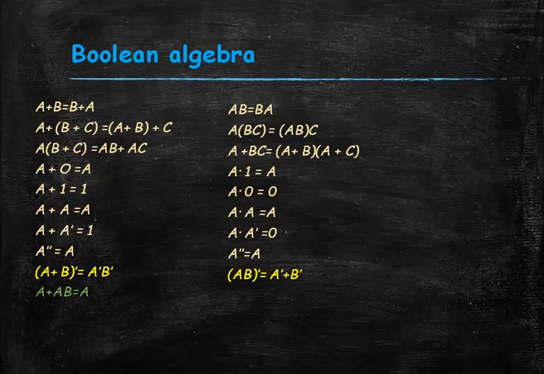Next, A or AB equal to A, its dual A and A or B is equal to A. It is the absorption theorem. A or A bar B is equal to A or B. Its dual, A and A bar or B is equal to AB.